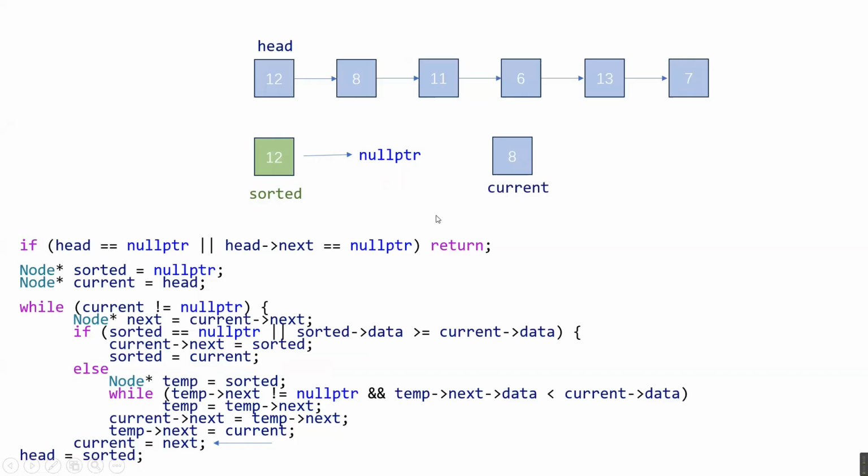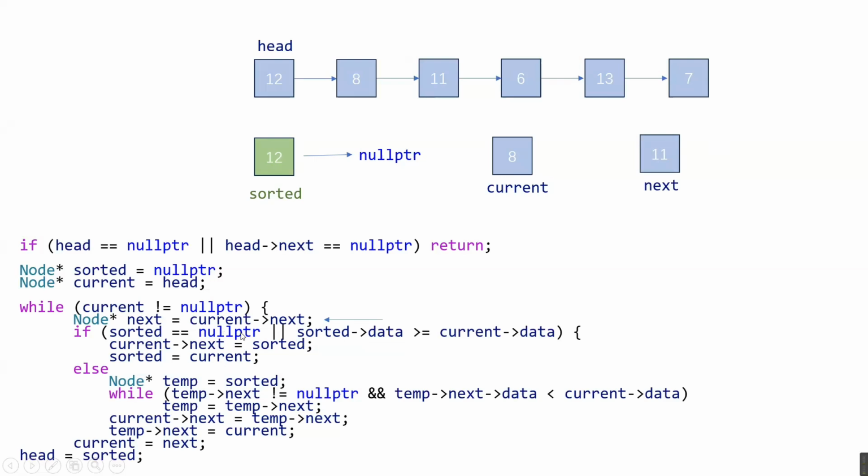And finally, we need to go back to the while loop. Currently, the current is not a null pointer, right? So we will jump to this line. And also we need to refresh the next. The next will become current's next. Current's next should be this one, right? The 11. This one.